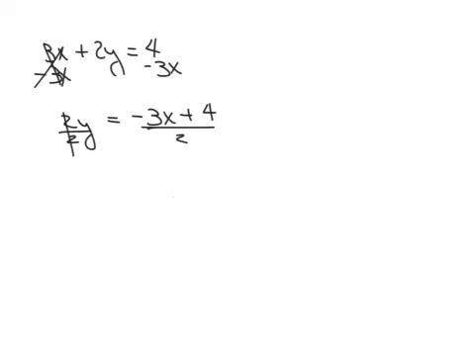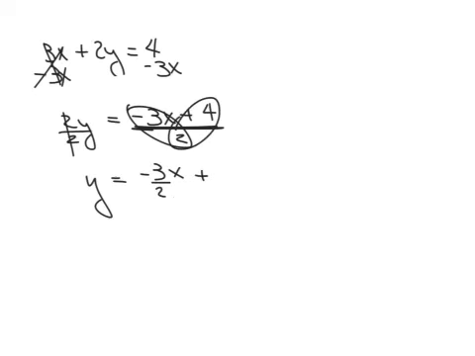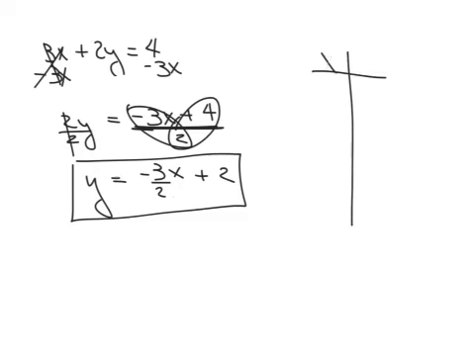Remember, when you divide one side, you divide the entire side by 2. So now I get y equals, and then I can split them up. Negative 3 halves x plus 4 over 2 is 2. So now I just changed my equation around. I didn't solve it, but I changed it around. So now when I have an x and a y, I can put a 0 in for my x, and this becomes negative 3 halves times 0 plus 2.